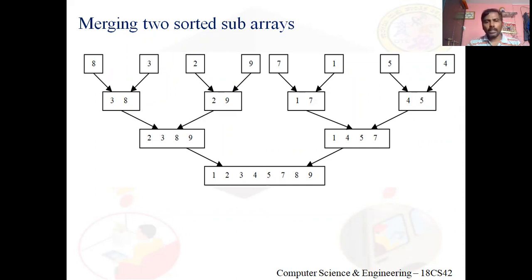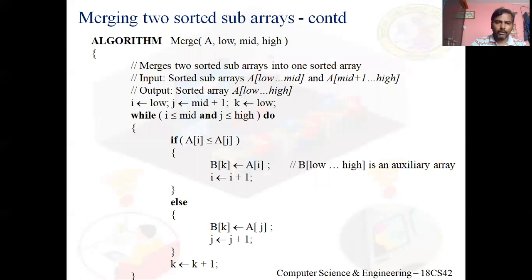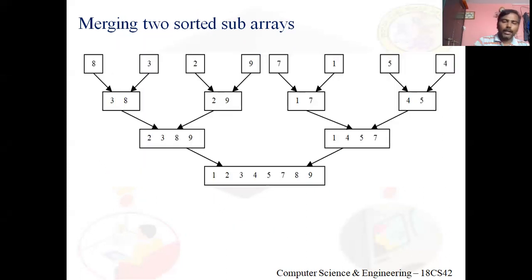J will point to the first element of the second sorted array, that is 1.